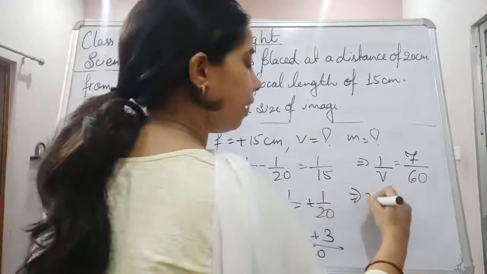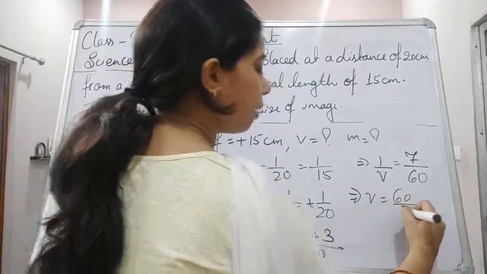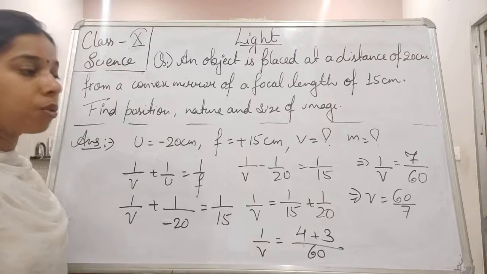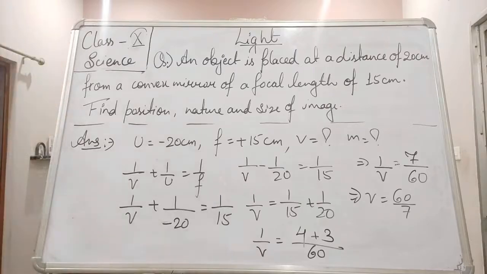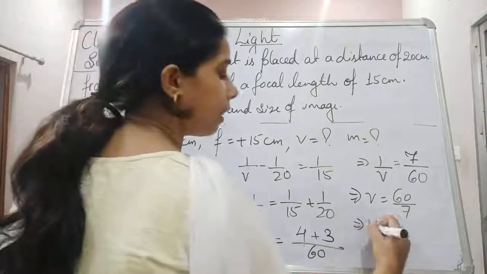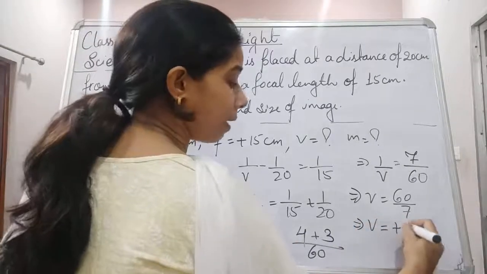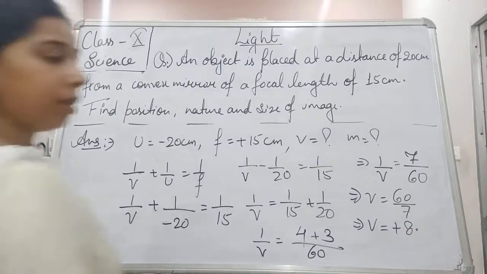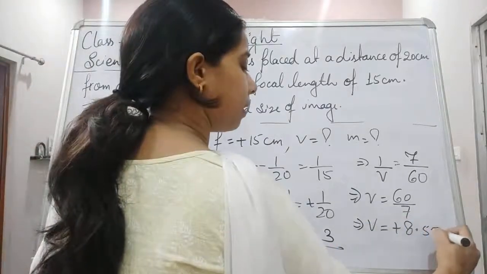Or we can say v is equals to 60 upon 7. So we get the value of v is equals to 60 upon 7, students, which will be, if we divide it, plus 8.57 centimeter.